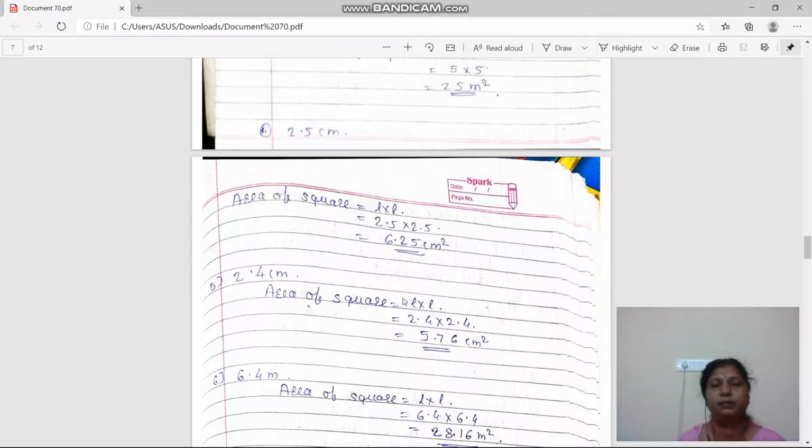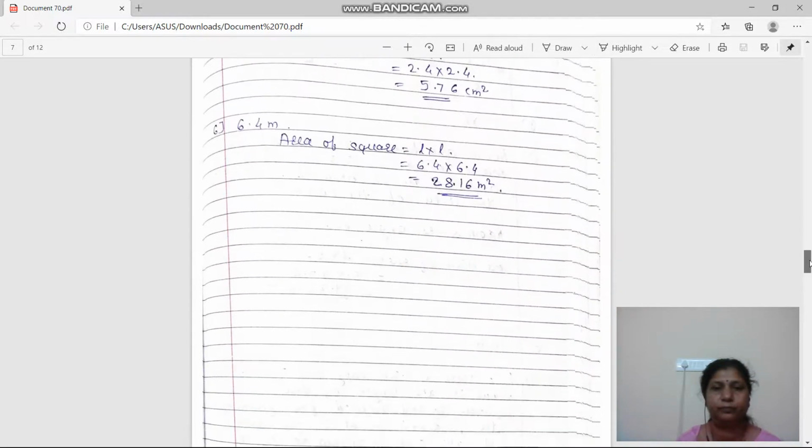Area of square is equal to L into L, that is 2.4 multiplied by 2.4. It is 5.76 centimeter square. Get it? Next. Sixth example, that is 6.4 meters. Area of square is equal to L into L. 6.4 multiplied by 6.4, we get 28.16 meter square. Okay.